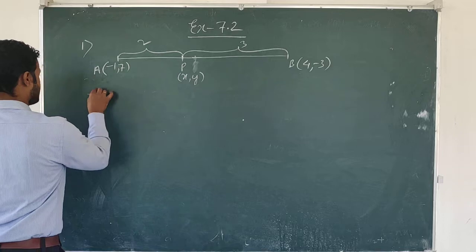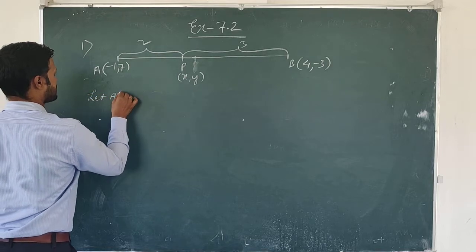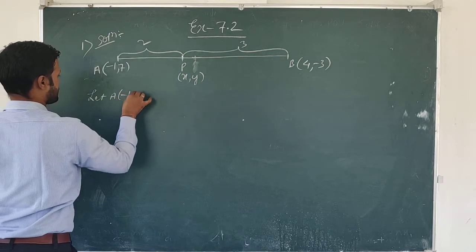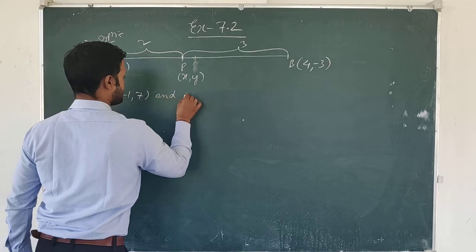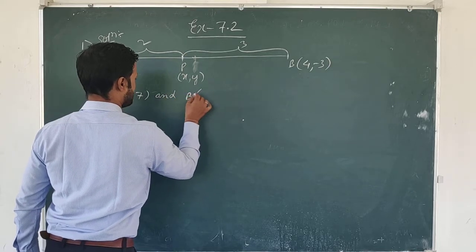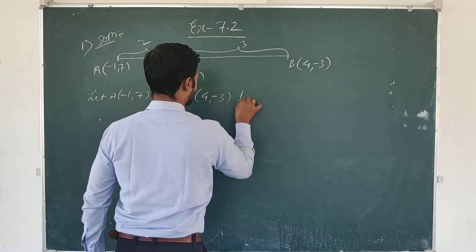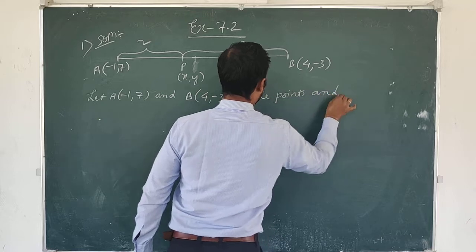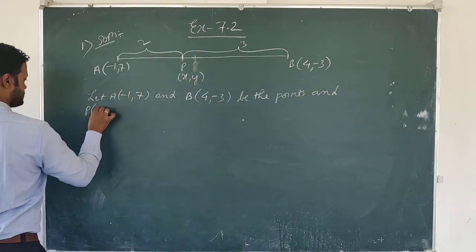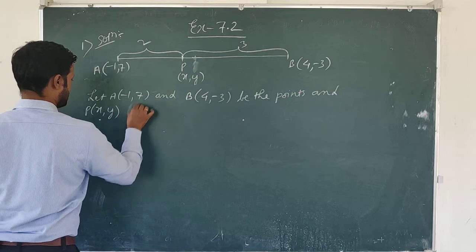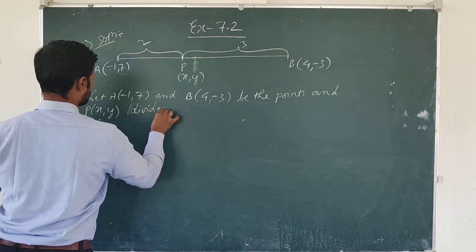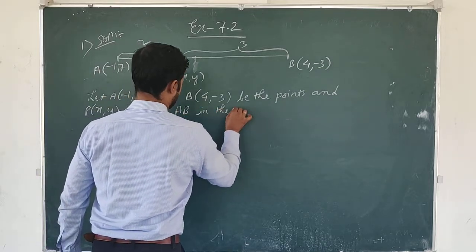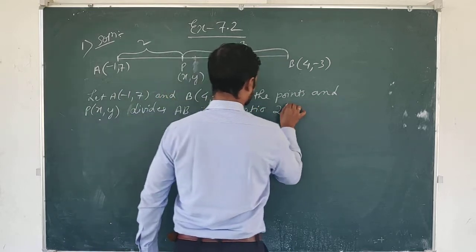So, let A be -1, 7 and B be 4, -3 the points, and P divides AB in the ratio 2:3.